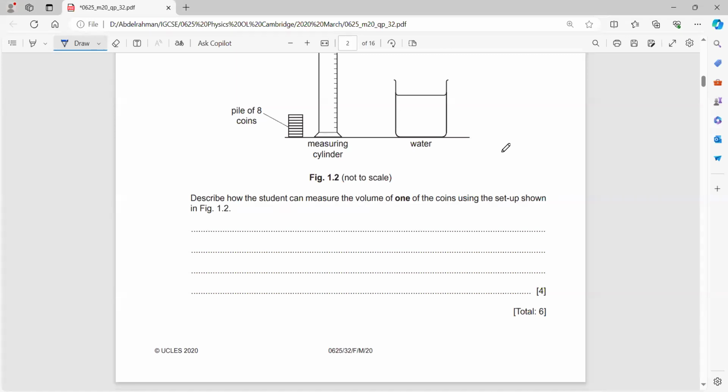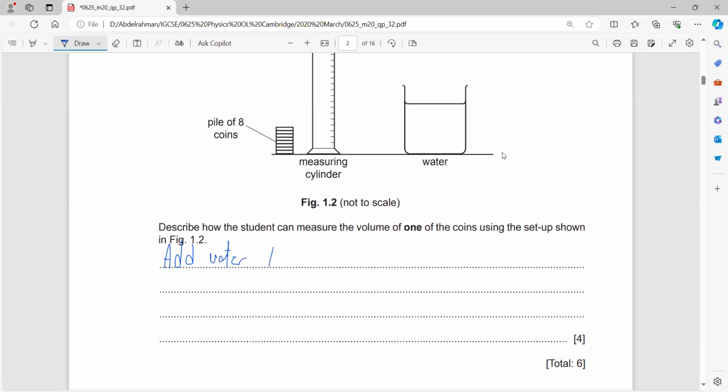Now I will do it using several coins. Let's say I will use the 8 coins. Initially, add water to the measuring cylinder. Let me zoom in. I'll just write MC for measuring cylinder. Then measure volume 1.